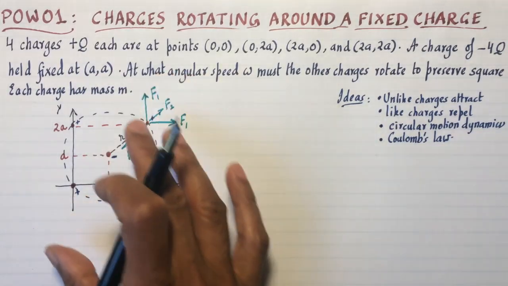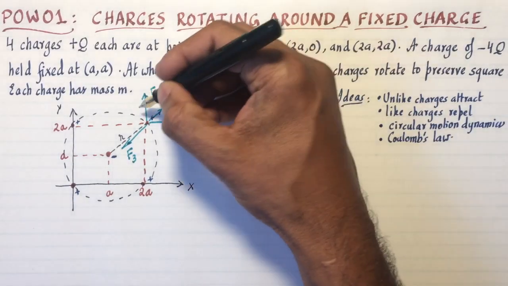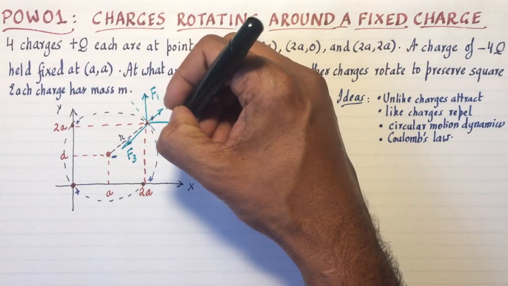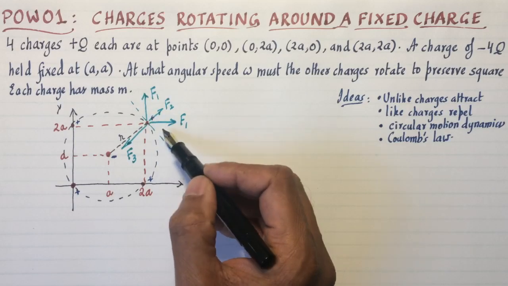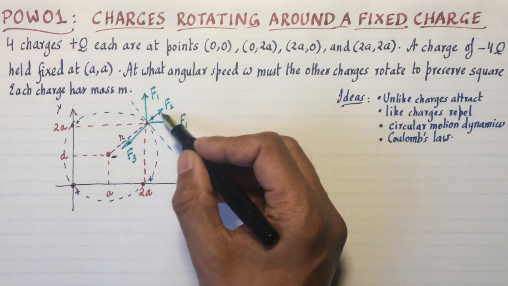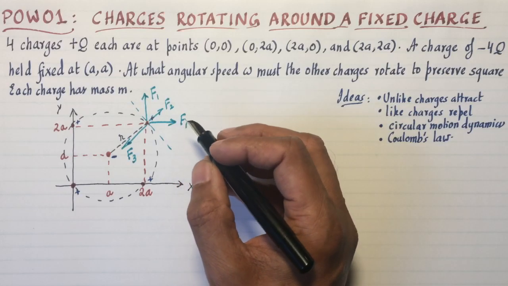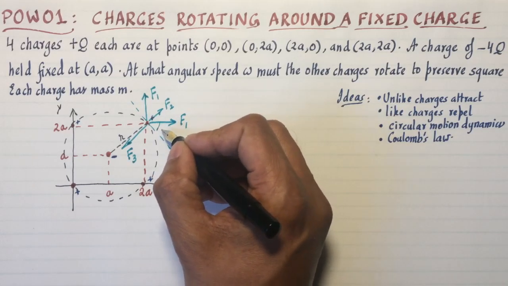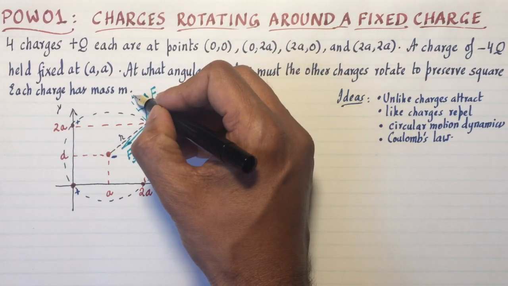Now the total sum of these forces must be some force that acts towards the center of the circle, known as the centripetal force. If you'll notice, if I take the tangential direction to this circle, then the components of F are going to cancel out along the tangent, and only the components along the radial direction are going to add. From the geometry involved, this angle is 45 degrees. And that angle is also 45 degrees.